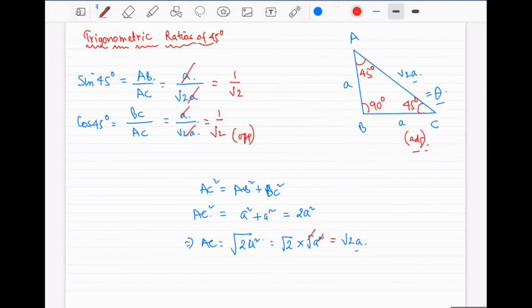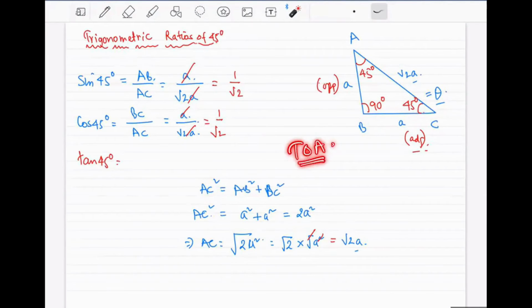What about tan 45 then? Once you know the opposite, adjacent, and the hypotenuse, finding out the value is essentially done already. Tan 45, the formula is what? TOA, tan is opposite over adjacent. So opposite divided by adjacent.